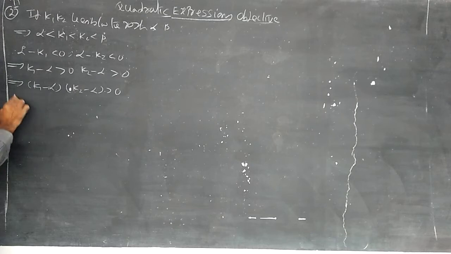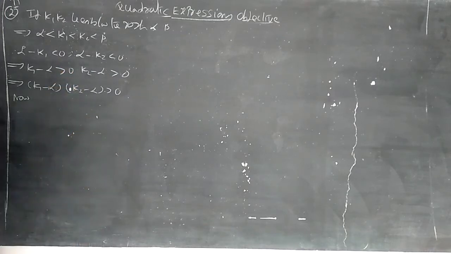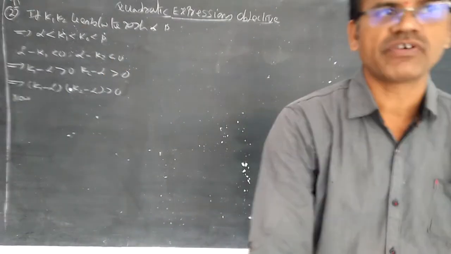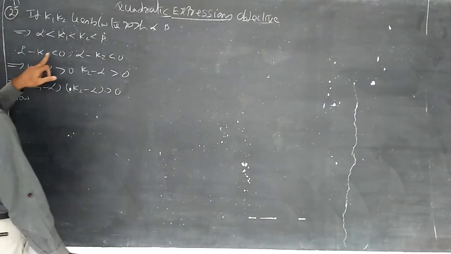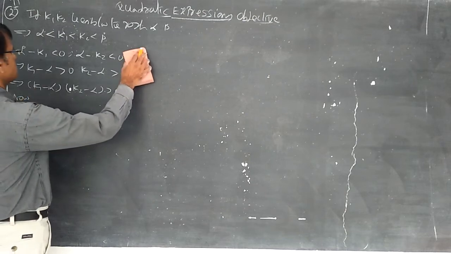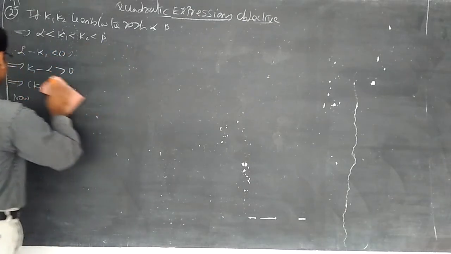Keep that aside. For a single alpha we should not write k1 minus alpha and k2 minus alpha together; for alpha and beta we should consider separately. So for k1 you should write beta also.